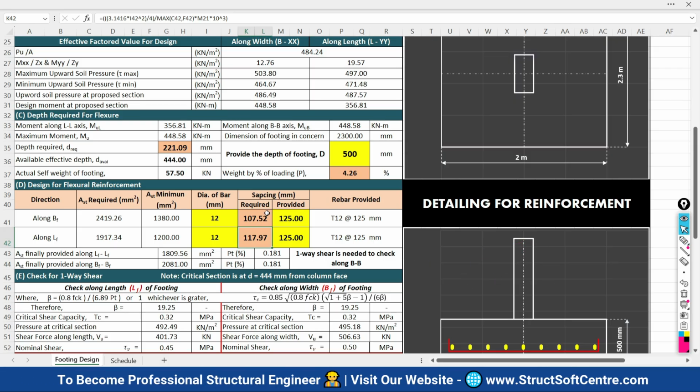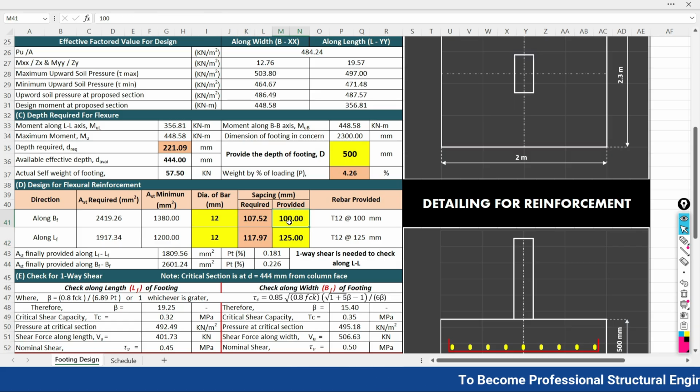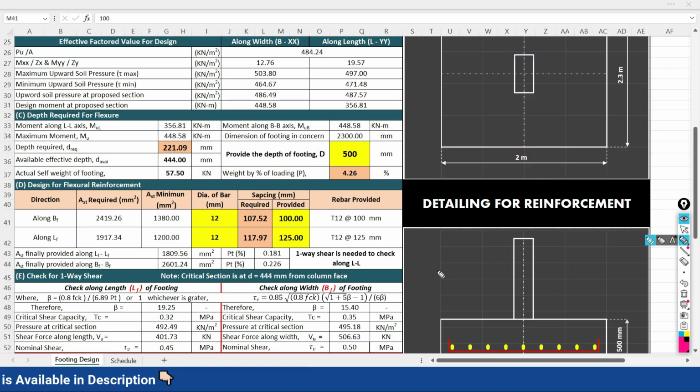So basically, here I have a chance to reduce the spacing to what? 100, because whatever the spacing is in demand, you cannot provide the spacing more than that. Always you have to provide the spacing less than that. So lower value by the round-off factor of 25 mm, because 1 inch is equal to 25 mm.